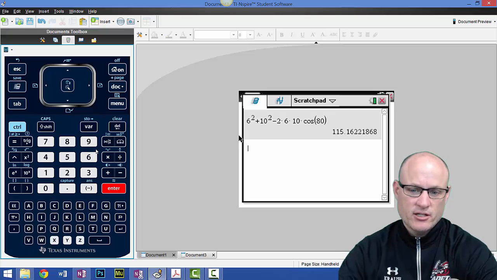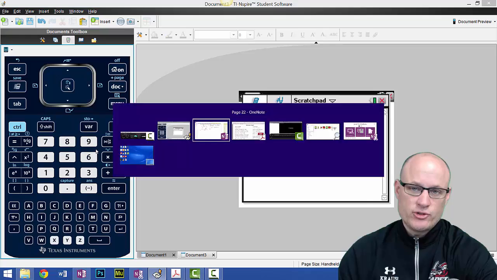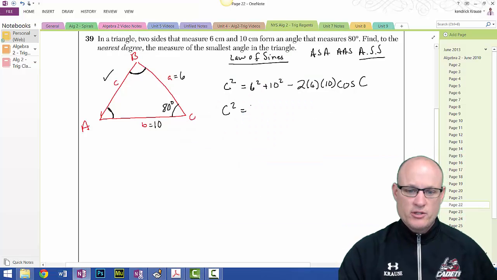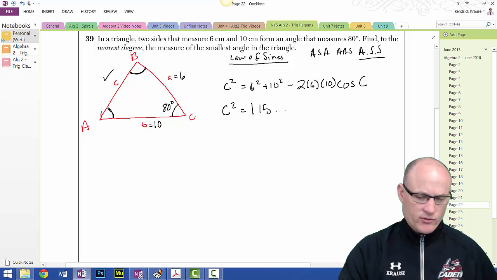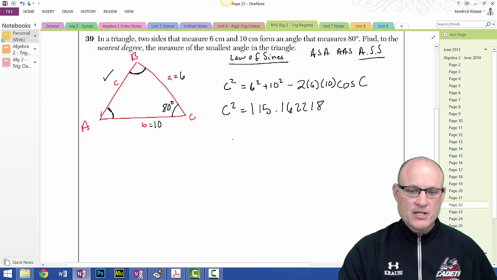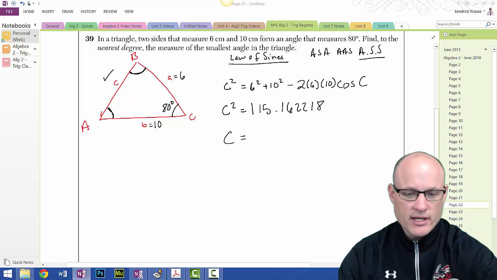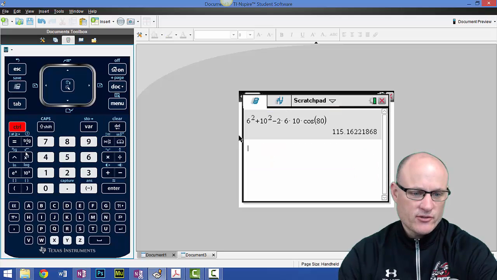Type that in. You get 115.162218. Do not round. Never round. So C is just equal to the square root of that. By the way, I could just take the square root of the answer, that's true.